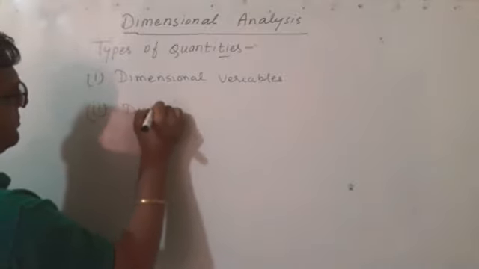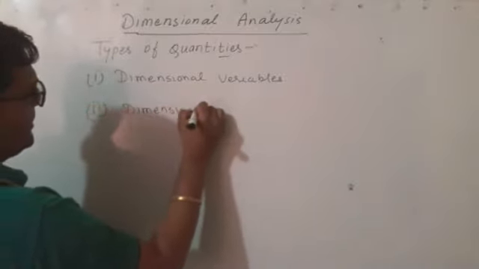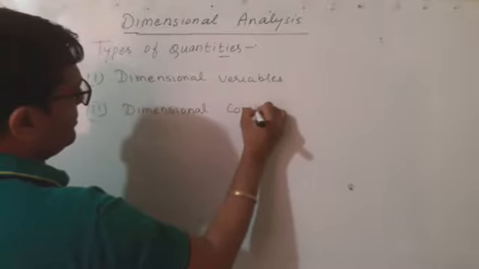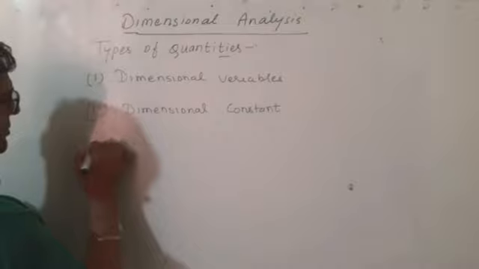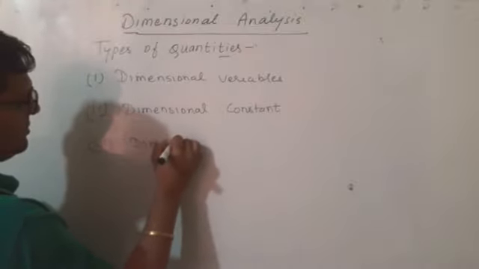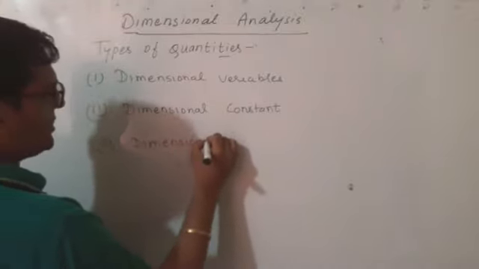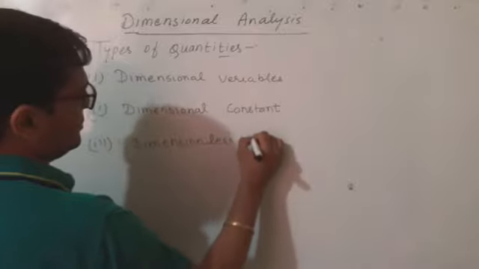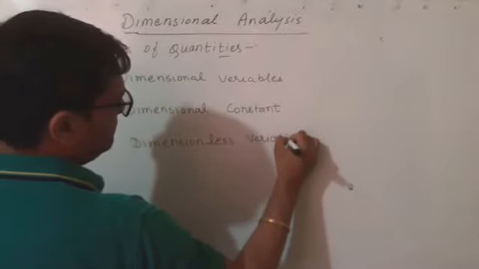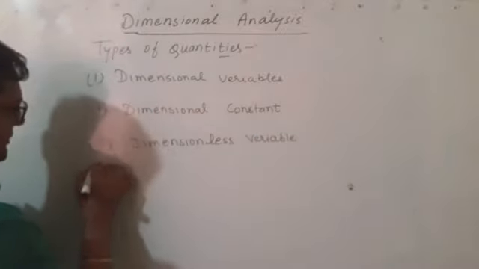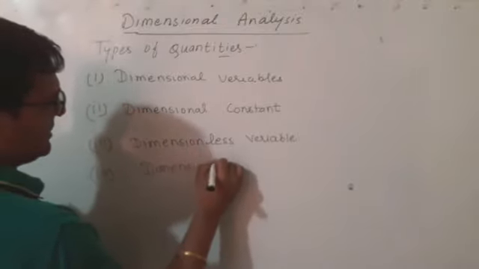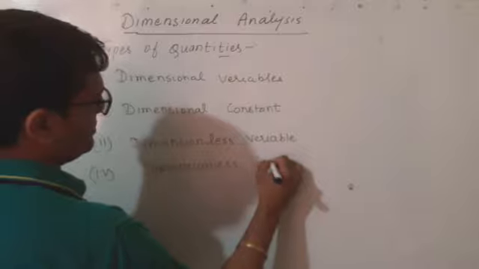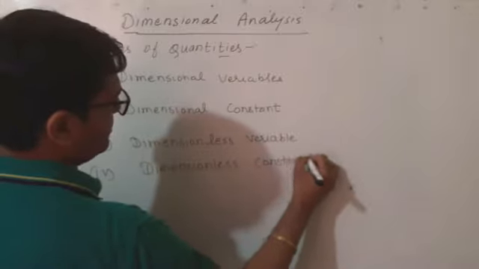Second is dimensional constant. Third is dimensionless variable, and fourth is dimensionless constant.